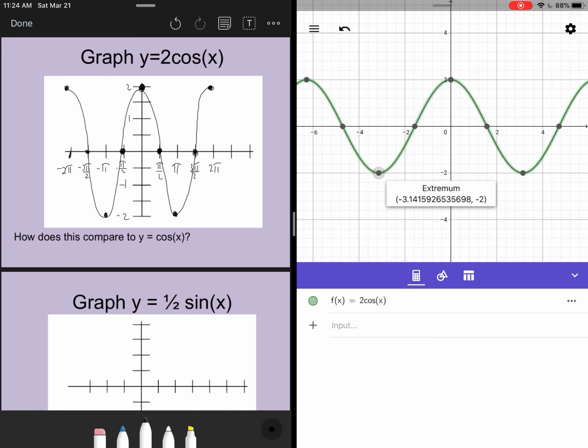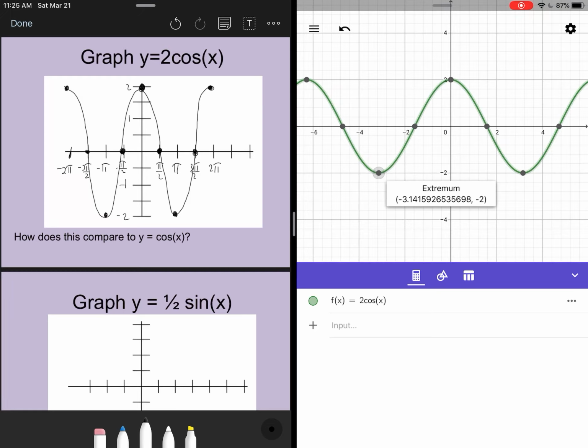All right, so it kind of looks like it just got elongated as compared to y equals the cosine of x, okay? Kind of like when we did dilations of absolute value functions and of quadratics.